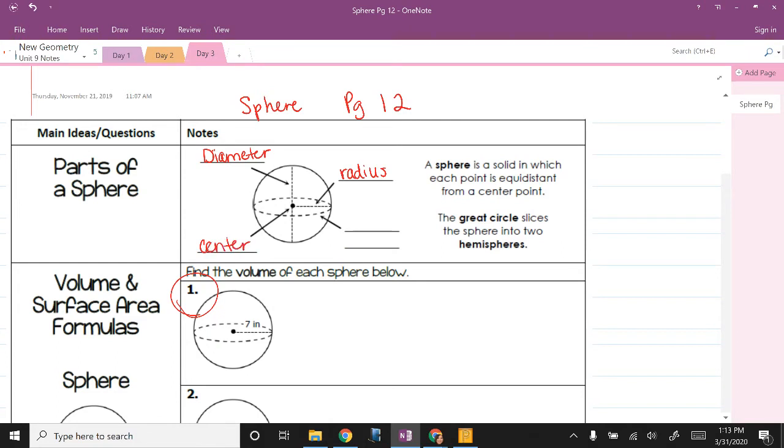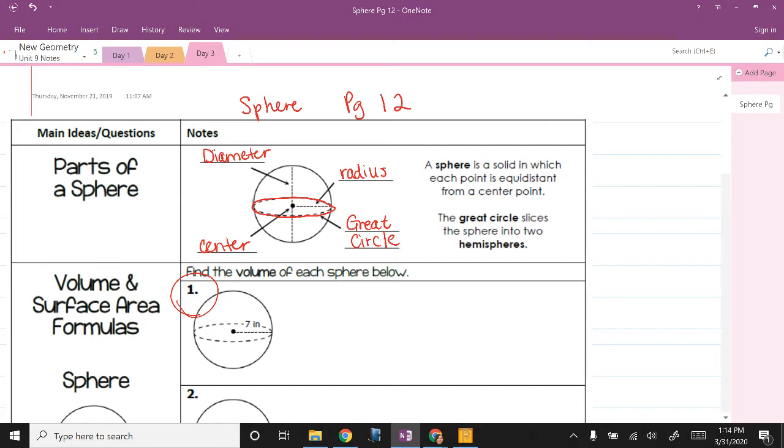And the last thing we need to mention is something called the great circle. And the great circle is this circle right here that goes around the edge of the sphere. That is on the dotted line in the figure. And it divides the sphere exactly in half. So the great circle is through the very center of the sphere, and it's the circle that divides the sphere in half.